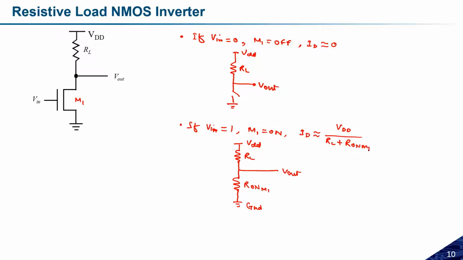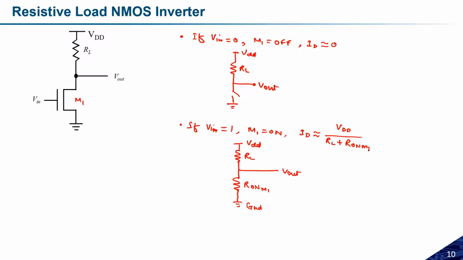The important thing to note is that I need to design a circuit in such a way that there is no static power dissipation. What is static power dissipation? Static power dissipation means that if we have a fixed input state, the total power dissipation through the circuit is known as the static power dissipation.